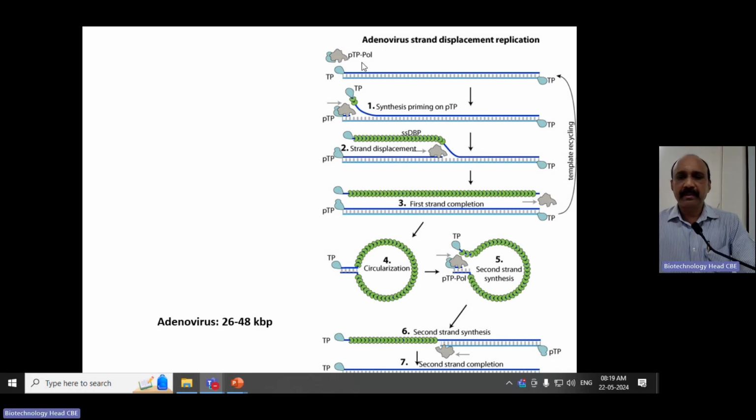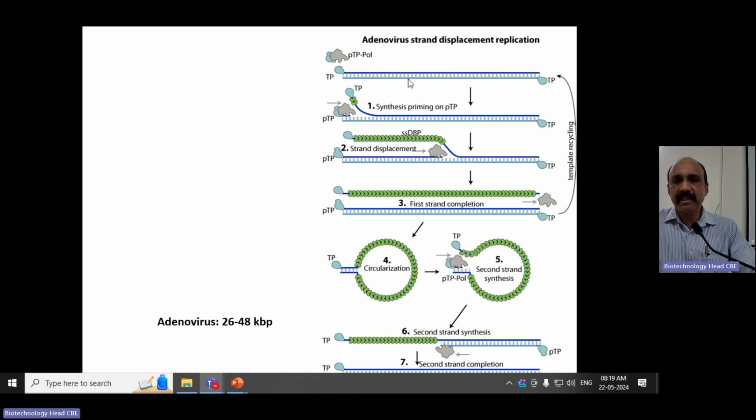Most of the viral DNA here is circular DNA. What you don't see in this picture is that it starts with the termination protein, TP. This adds the 3' OH group to the single strand.